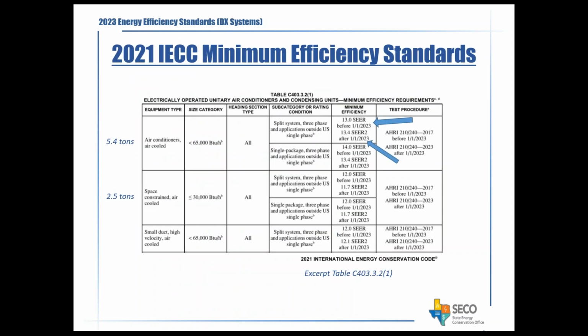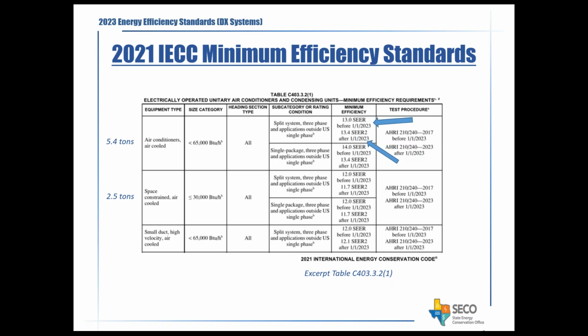As I mentioned earlier, the 2021 Energy Code, when they were writing it, they were anticipating these changes. So some of the new ratings are listed in the table. I've just given you a couple of examples. These are excerpts from table C403.3.2, and this is table 1, which is mostly for split DX systems.